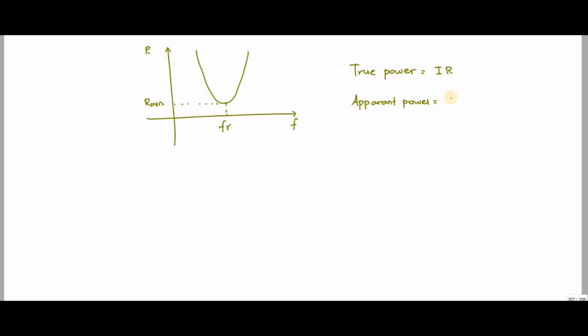Apparent power is equal to total voltage into the impedance value.